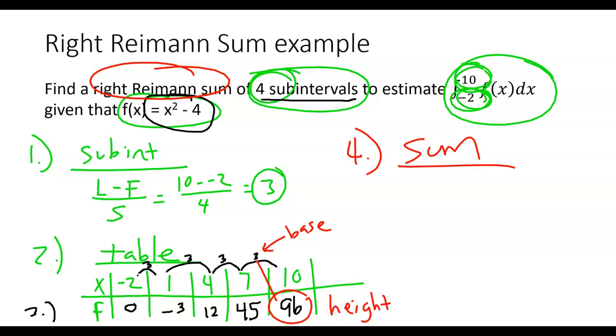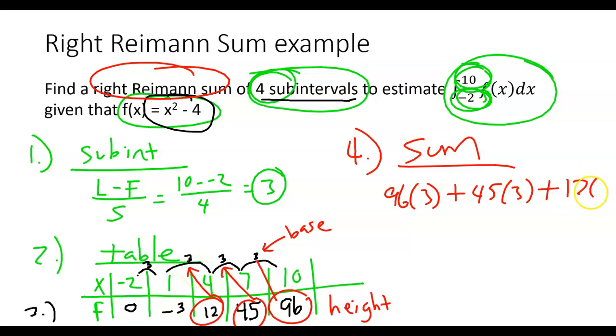The bases will all be 3. So my sum will be 96 times 3 plus 45 times 3 plus 12 times 3 plus negative 3 times 3. And we won't use the last number. Okay? And then you add all those up and you have your answer.